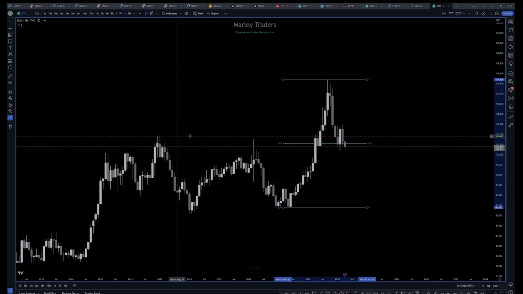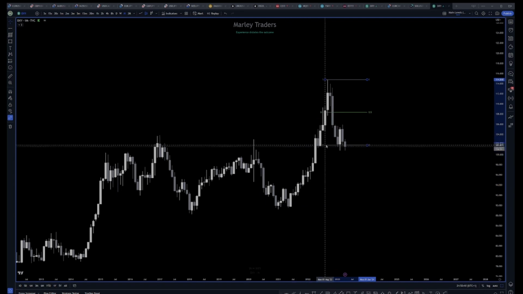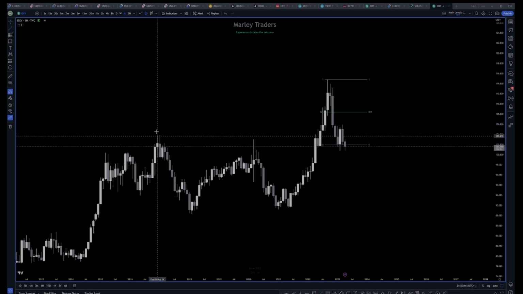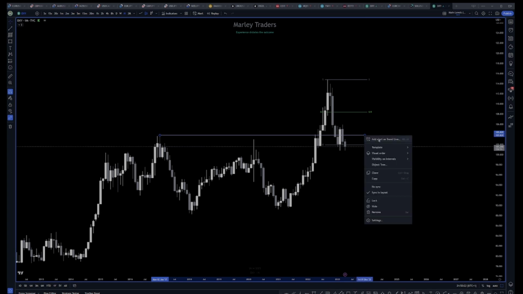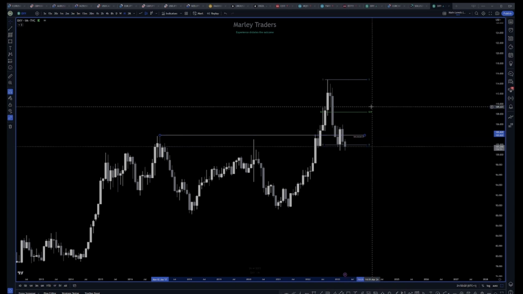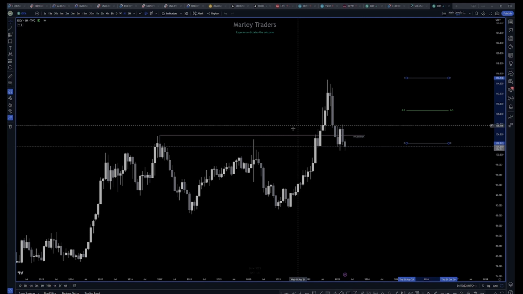This is what we call a structural level. So this would be a structural support and resistance level, just for argument's sake.